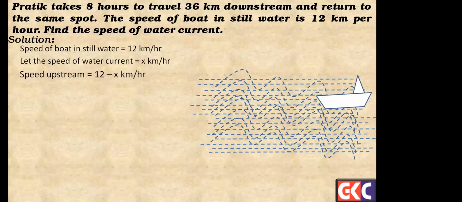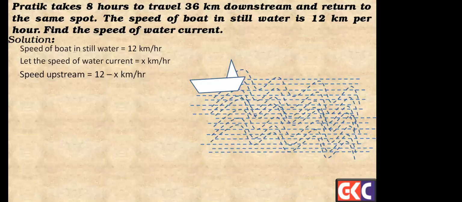So speed of upstream is 12 minus x kilometer per hour. Now what do I mean by this? See what happens while going upstream. If you see the boat moving upstream, matlab it is going against the stream. So when it is going against the stream, what is happening to it? It has to overcome the speed of water current.